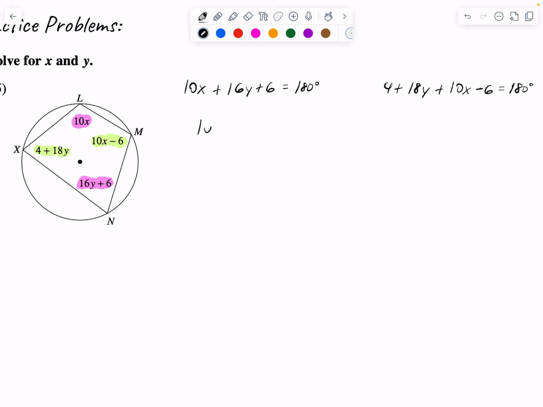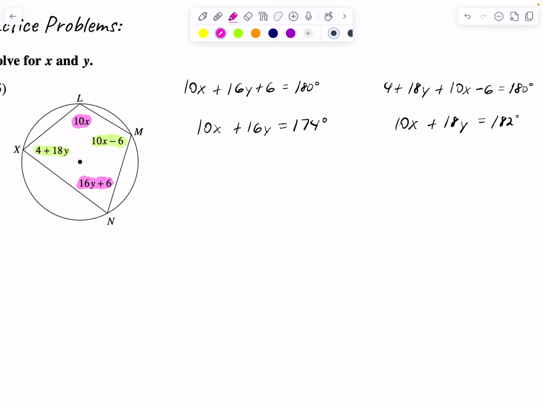I'm going to move the 6 to the other side with subtraction to get 174 degrees. I'm going to rearrange the order to write 10x plus 18y, and I have 4 and a negative 6 on the left side, which combine to negative 2. When I move that negative 2 to the right side with addition, I get equals 182 degrees.